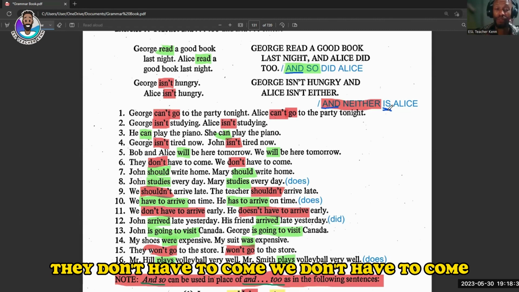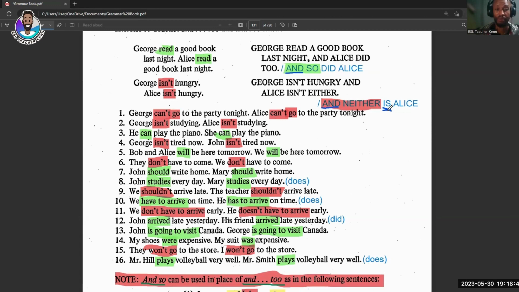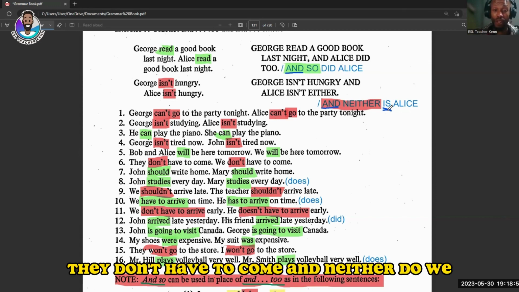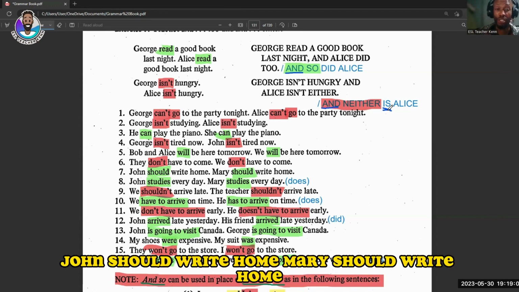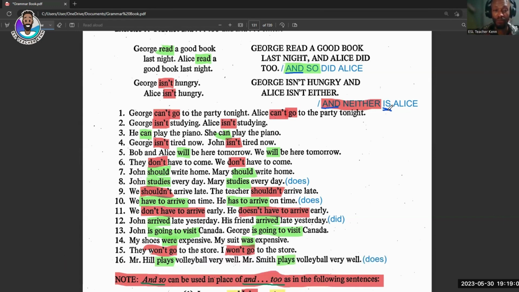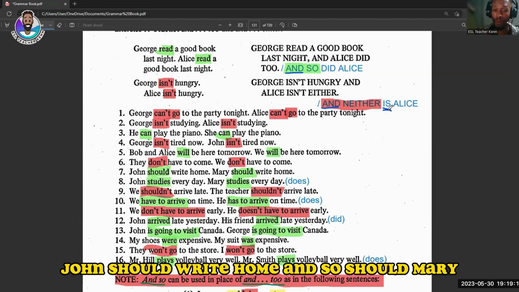They don't have to come. We don't have to come. They don't have to come, and neither do we. John should write home. Mary should write home. John should write home, and so should Mary.